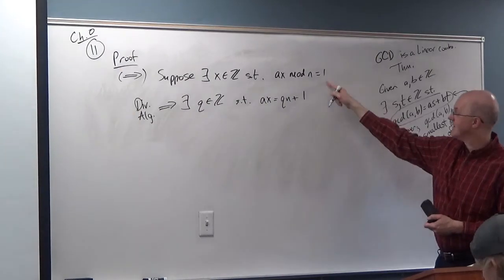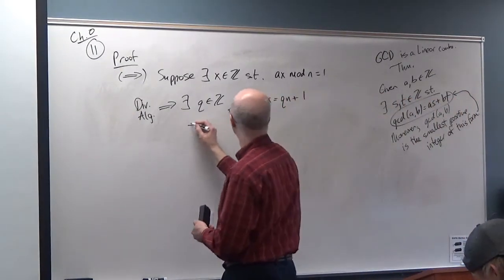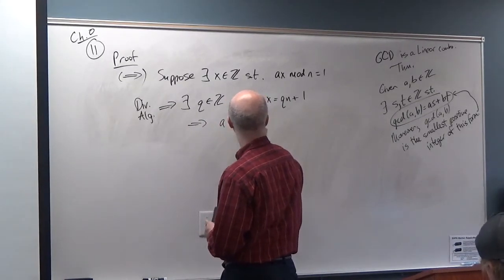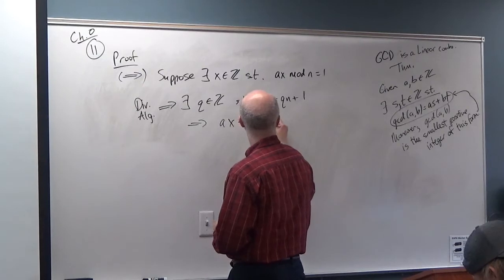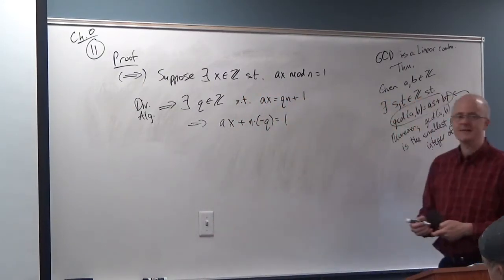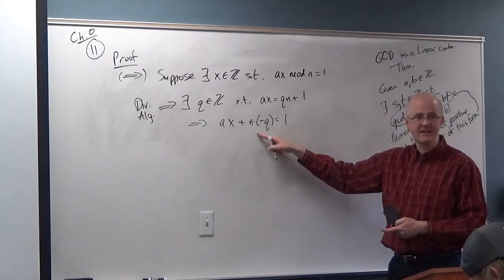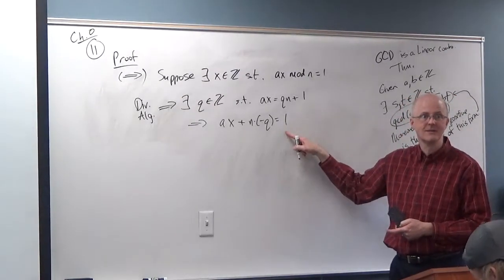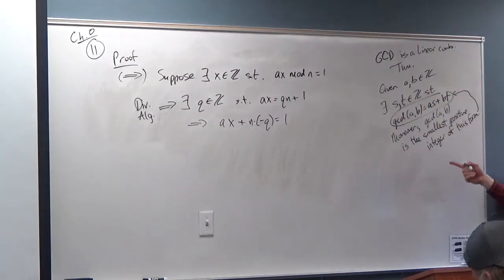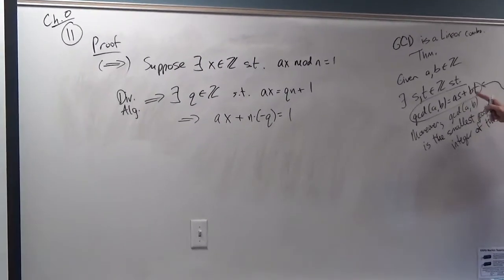And we're almost there now, because now just rearrange this to get 1 on one side by itself. We're trying to show that the GCD of a and n is 1. Write it like that. That's a linear combination of a and n. It equals 1. 1 is the smallest positive integer, and also the GCD of a and n would be the smallest positive integer of this form.